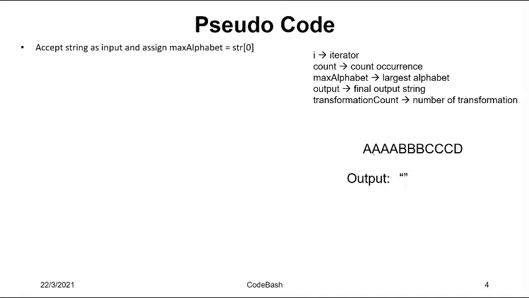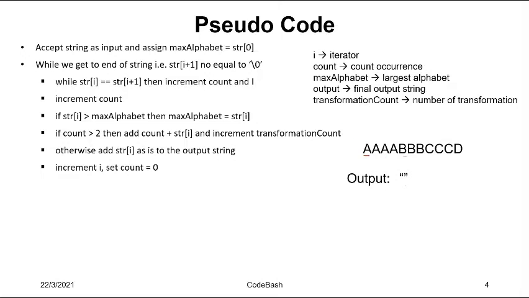Okay, suppose let's say this is our initial value, so this could be the least value that we want, and after this we can compare all the other alphabets with a to check if it is maximum, so if a is maximum or the different character is maximum. Then we have a while loop, so we initiate a while loop which checks till str of I plus 1 is not equal to the null character.